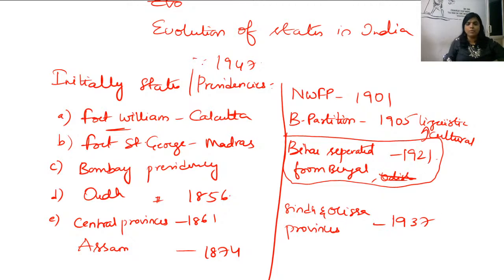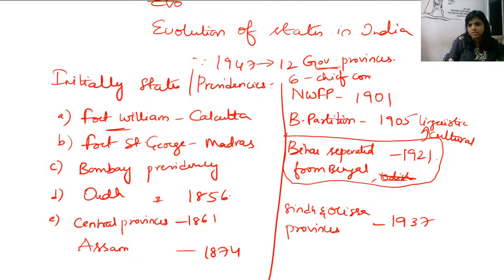Now all these provinces were carved out into states. So when we got independence in 1947, we had 12 governor provinces, meaning those provinces under the control of a governor, and also six chief commissioner provinces.